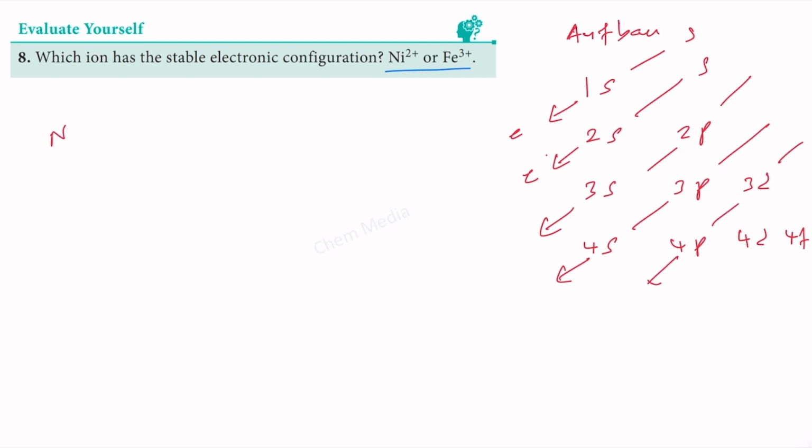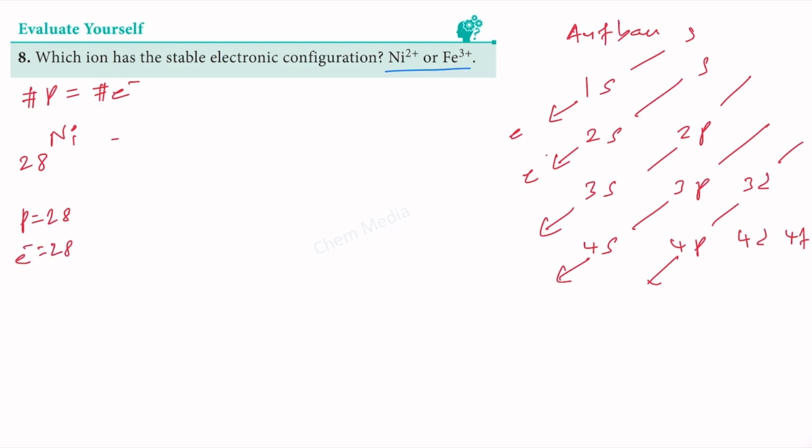The atomic number of nickel is 28. So, let us first write down the electronic configuration of nickel. In a neutral element, the number of protons must be equal to the number of electrons. This means nickel has 28 protons and 28 electrons.